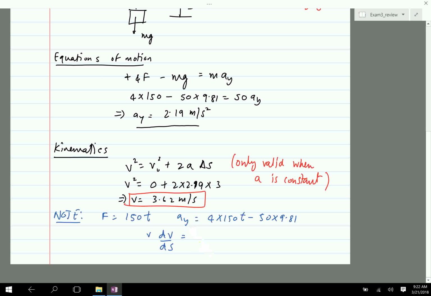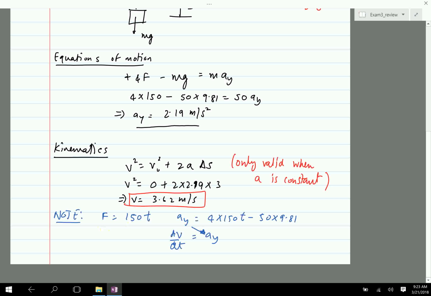You can't use that because if you put time here, then you can't integrate ds. So you'll have to use dv dt equals Ay, and then proceed.